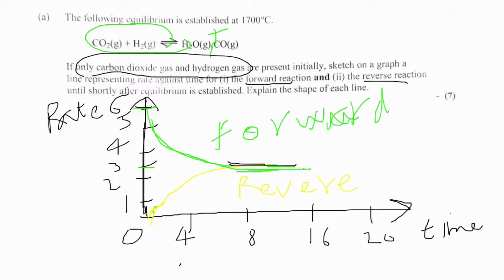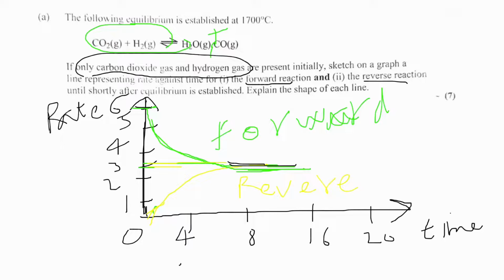At the same time, the rate of the backward reaction is equal to the rate of the forward reaction. That means the green line has become parallel at 3, and even the yellow line has become parallel to the x-axis at this 3 only.